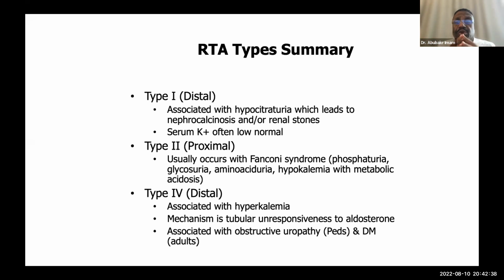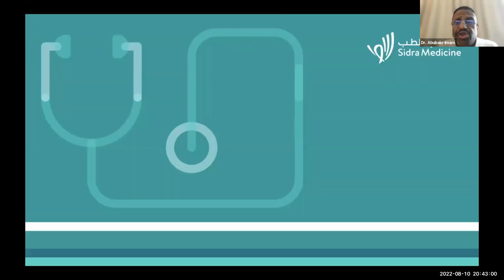Type 4 is associated with hyperkalemia and a defect in tubular responsiveness to aldosterone, and it's associated with obstructive uropathy, especially in pediatrics, and in older age with diabetes mellitus and diabetic nephropathy.